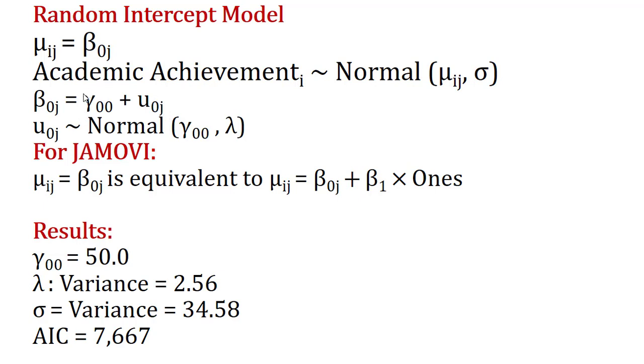In fact, we are interested in gamma 00 and lambda, and obviously sigma, which is to predict academic achievement in each participant. Okay, so I'll show you how we do that in Jamovi.